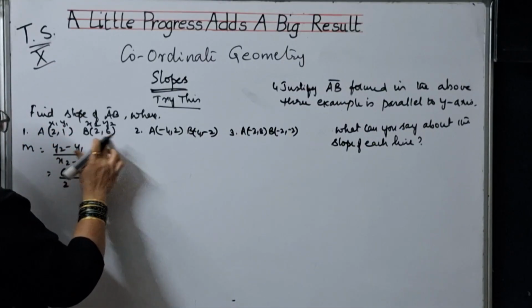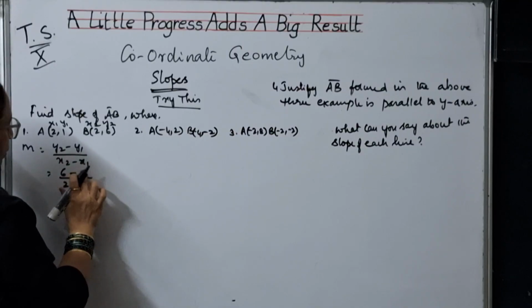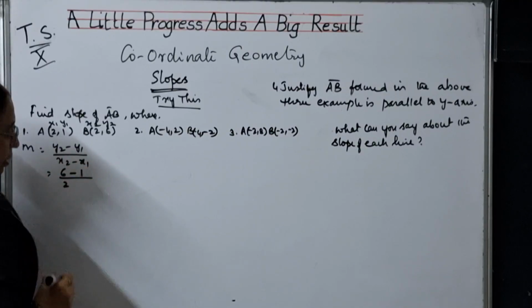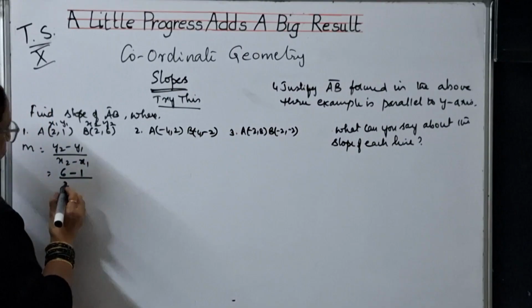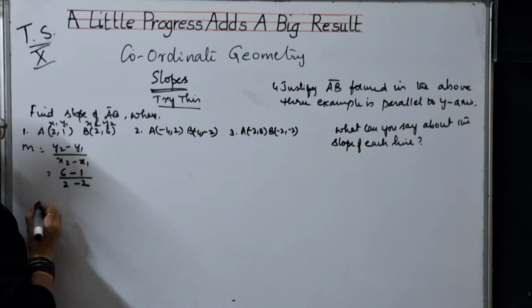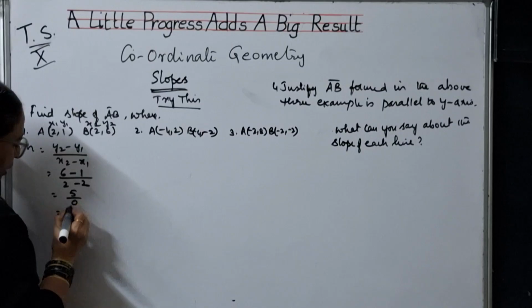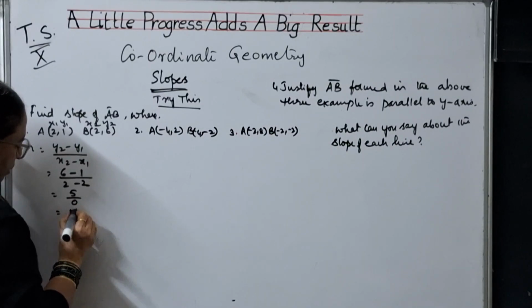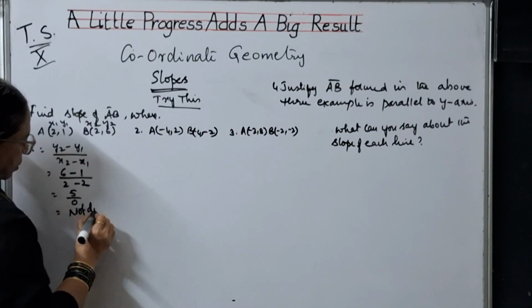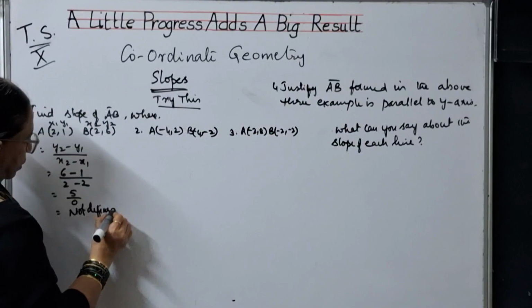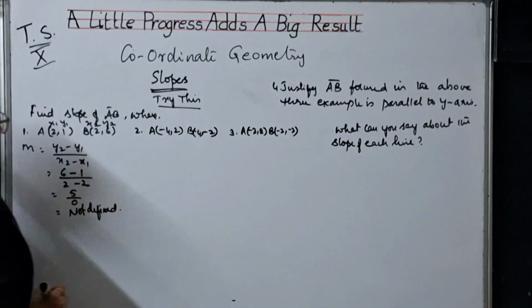So y2 minus y1 is 1 by x2, x2 is 2 minus x1 is 2. That is 5 by 0 you are getting. Any number divided by 0 is not defined. You cannot define it because you cannot get this.